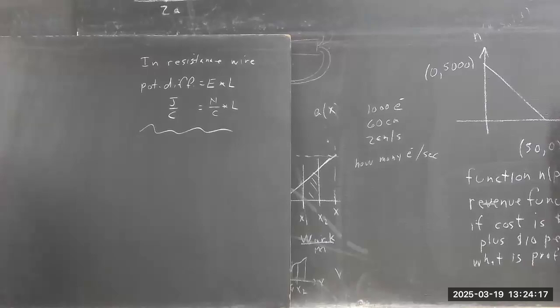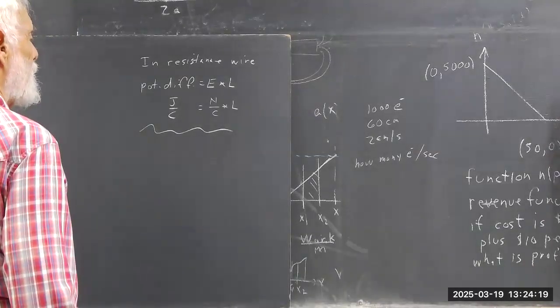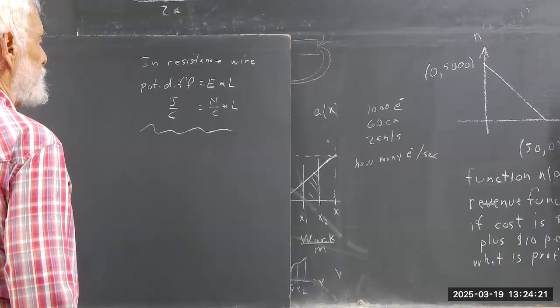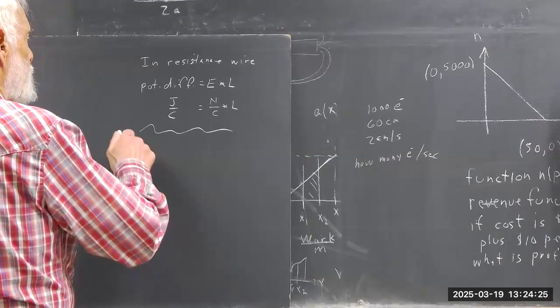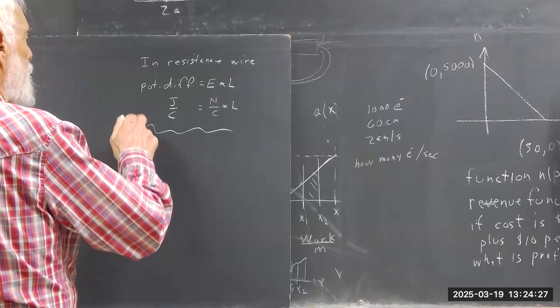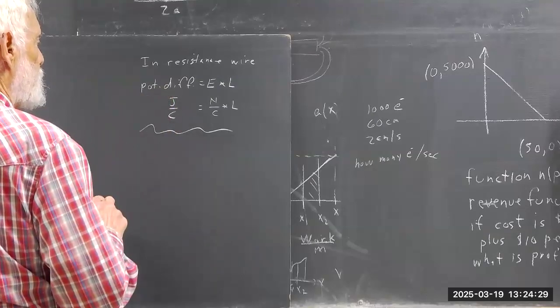Now I'll jump. I'll use V for potential difference.